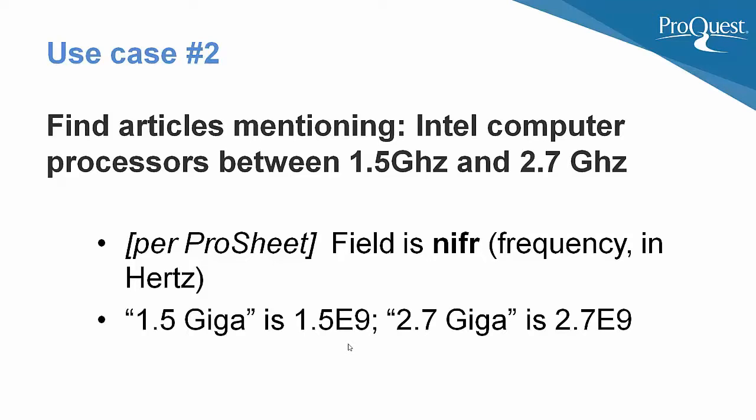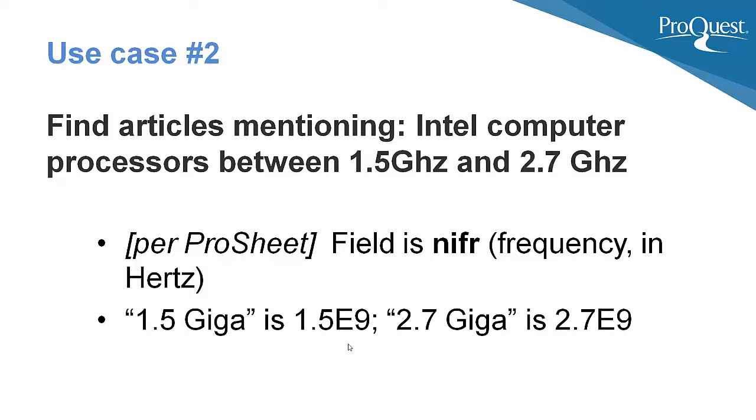And by looking at the pro sheet, we can see that the field for this is NIFR, as in frequency, measured in hertz. 1.5 gigahertz, giga is billions, which is 9 zeros, so 1.5 giga would be 1.5E9, while 2.7 giga would be 2.7E9.